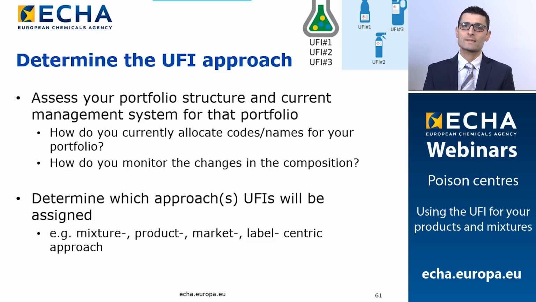Also, you will need to assess the way changes in composition are monitored. From here, you are already well positioned to determine the UFI approach or approaches for your company, that being mixture, product, market, or label-centric approaches, as we saw before.